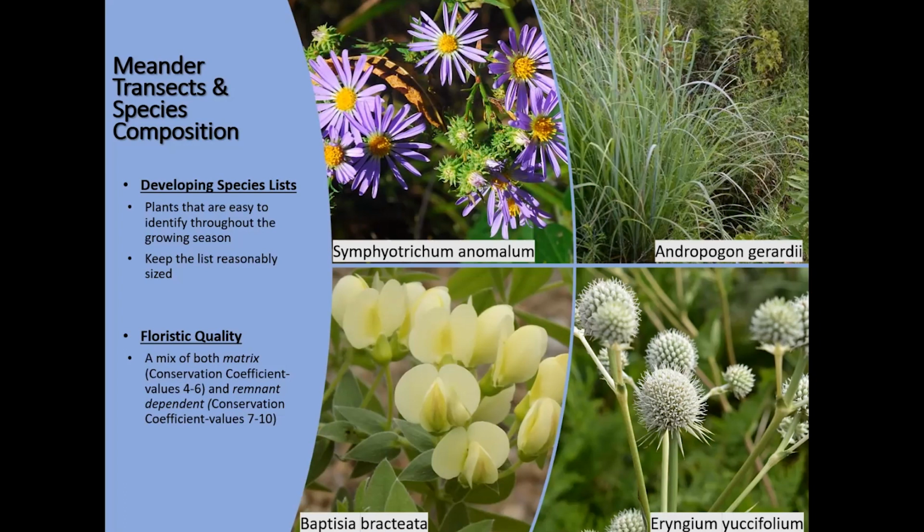Typically, you want to see a high level of matrix species, if not all of them, on the list.